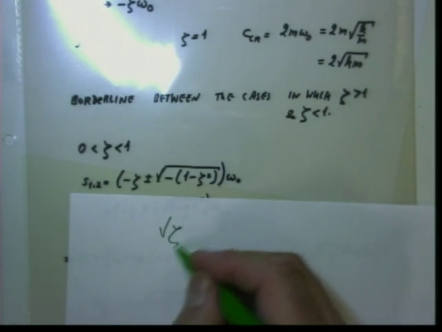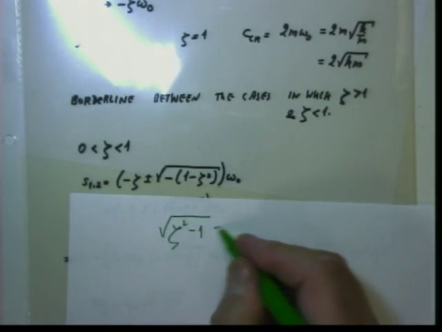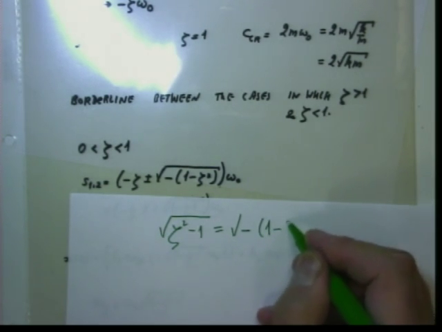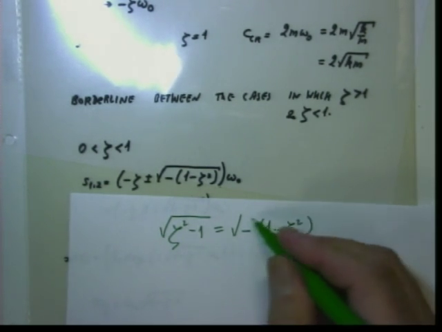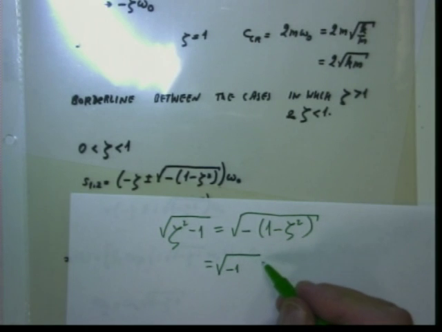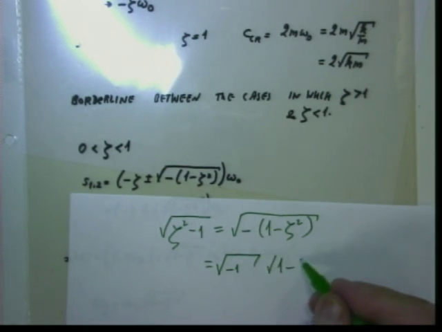Zeta square minus 1 can be written as minus times 1 minus zeta square. So this equals square root of minus 1 times square root of 1 minus zeta square.